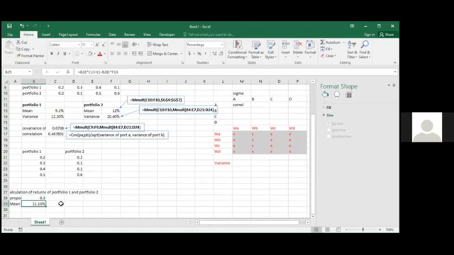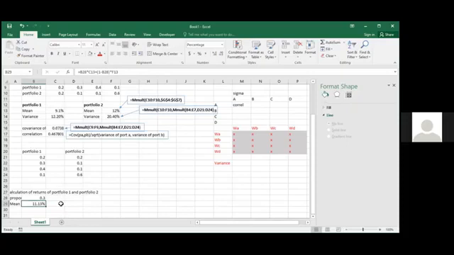So here you can enter the equation: return of portfolio 1 multiplied by the proportion of portfolio 1, plus 1 minus the proportion of portfolio 1 multiplied by the return of portfolio 2. Then we get the answer 11.12%.